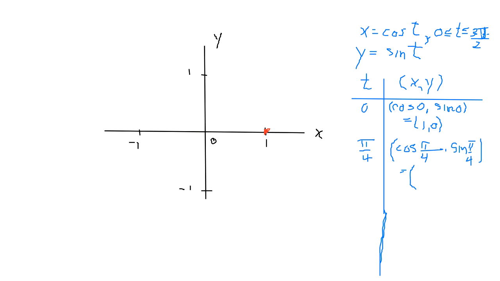Root 2 over 2. Good, Colomb. And the sine of 45 degrees? Also root 2 over 2. Now, root 2 over 2 is about 0.7. So this coordinate here is 0.7, 0.7, and that's going to be roughly here.